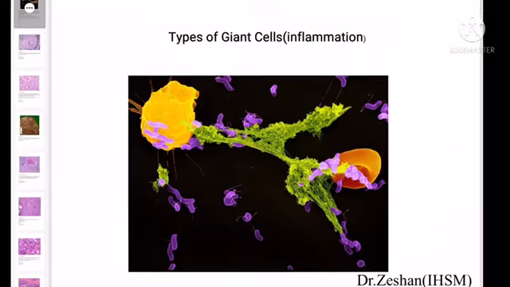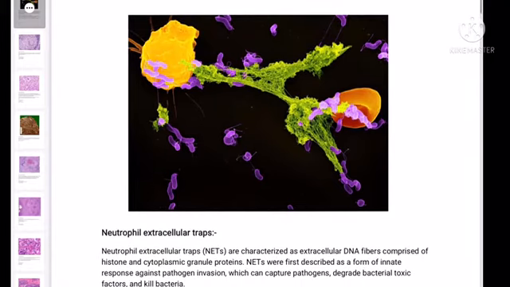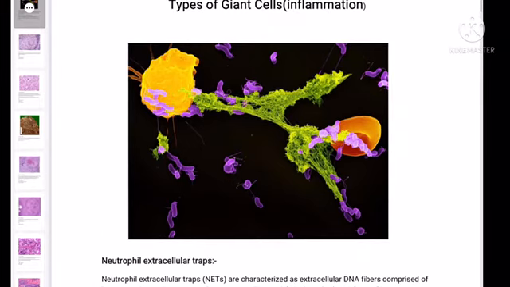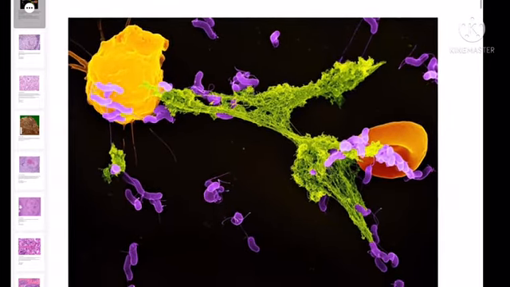Today we are going to talk about the different types of giant cell, and before going through the types of giant cell, I want to tell some words about neutrophil extracellular trap, which is also called as beneficial suicide. So if you see this picture, then you can come to know that a lot of bacteria are trapped by the cytoplasm and by the nucleus of neutrophil.